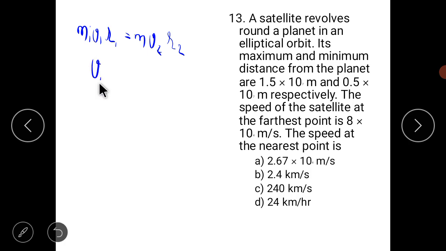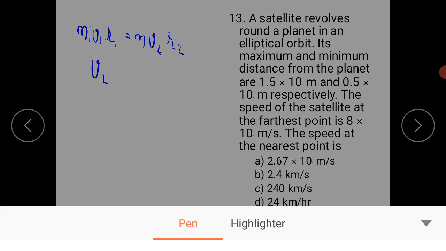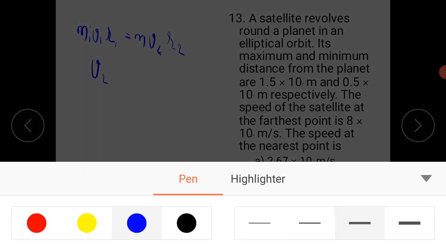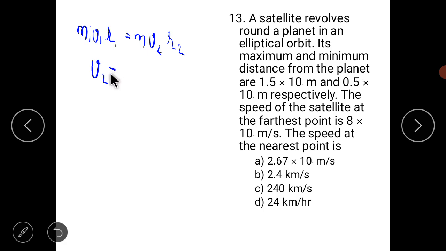So we can write the speed v2 is equal to v1 r1 divided by r2.